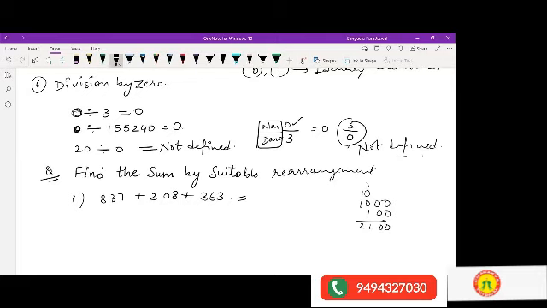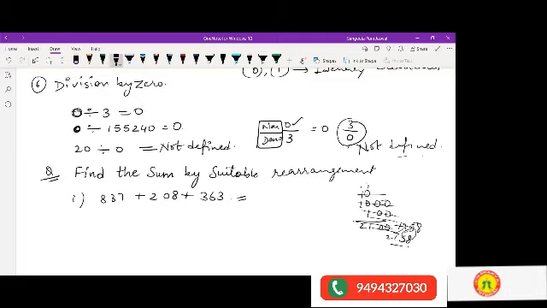Doesn't it become easy to solve the question? If I have to add 58 with this, it will be 2158. Isn't that easy if you do it like this? So this was just to explain to you.